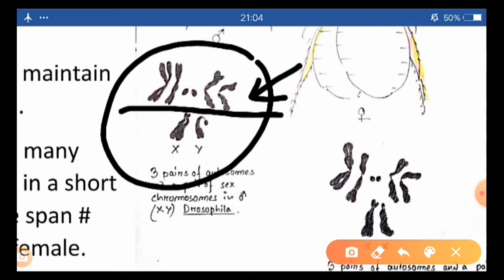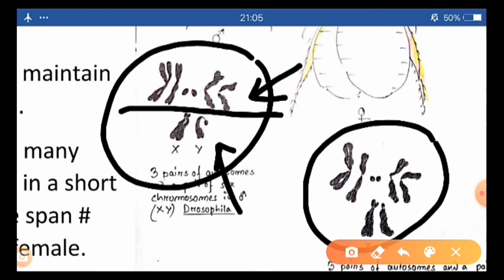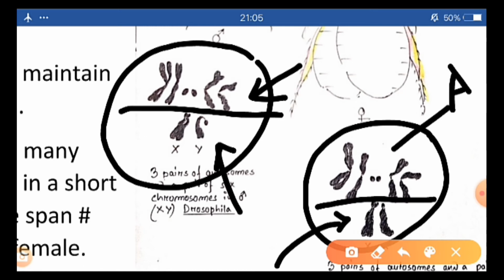These 3 pairs are autosomes, and this pair is sex chromosome. It is same in the female also. These 3 pairs are autosomes, and the lower pair is sex chromosome.